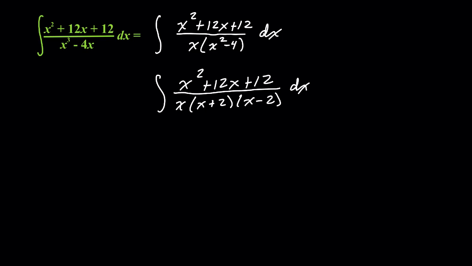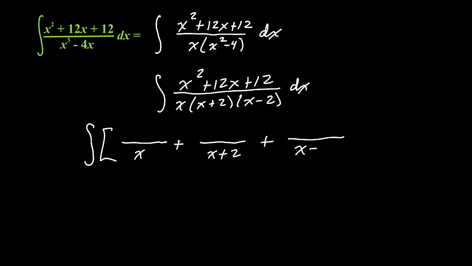So we do have 3 terms this time, and so we're going to have the integral of something over x plus something over x plus 2 plus something over x minus 2 dx. All right, so for the first fraction, to find this constant, you're going to put 0 in for x.